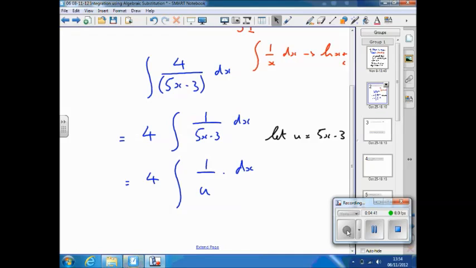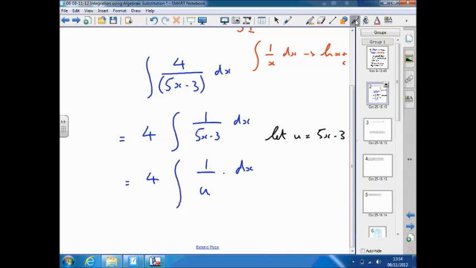So to be able to now do this integral finally and use this standard integral, we've got to change what we're integrating with respect to: du rather than dx. And do you remember how we do that, what we do? We've got that u equals 5x minus 3, so what do you think we do with that?